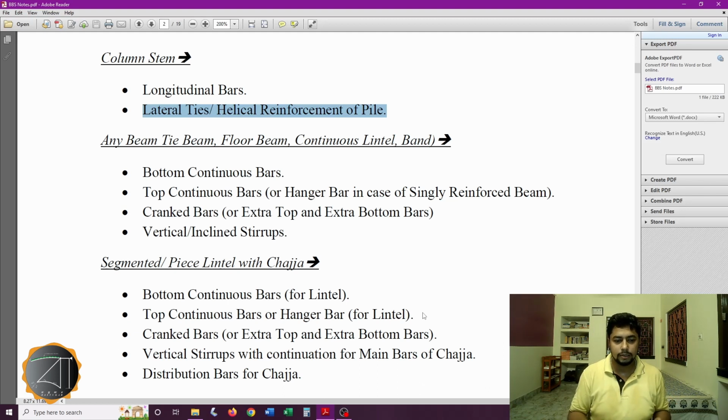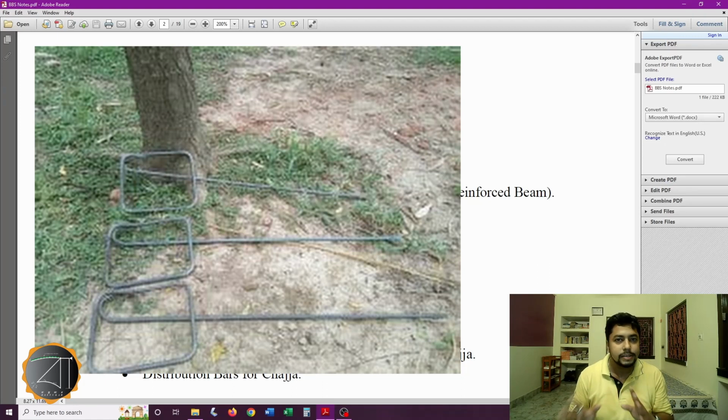So it will contain the bottom continuous bar for the lintel, top continuous bar or hanger bar for the lintel, crank bars if needed, extra top, extra bottom bars, any one of them or both of them if needed, and the vertical stirrups with common continuation for the main bars of the chaja. This is very much important. I have already posted a few photographs regarding how to bind the reinforcement for the sunset coming out from the lintel itself.